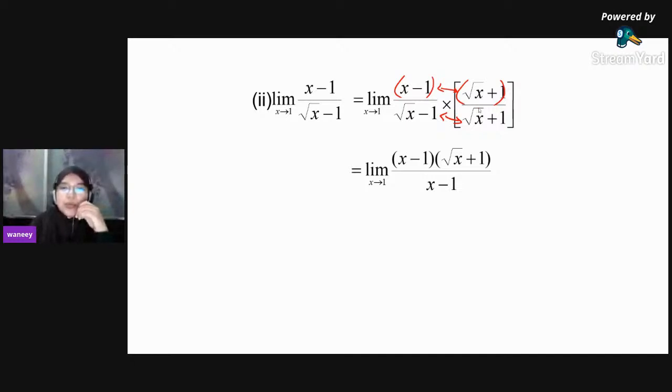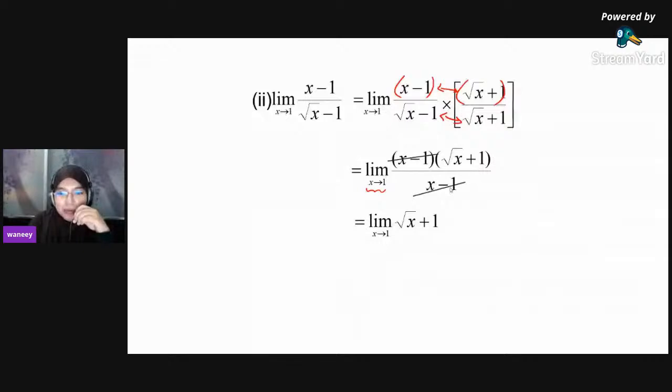Okay, so what we have is (x minus 1)(square root of x plus 1) over x minus 1. So do remember you haven't substituted the value of x yet, so keep writing down the word limit. So we do see something that can be cancelled out. So x minus 1, those two will be cancelled out. So we are left with the limit as x approaches 1 of square root of x plus 1.